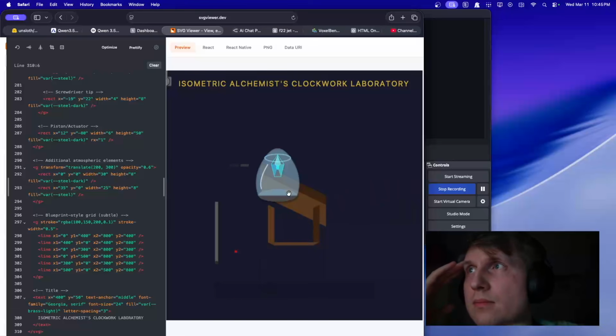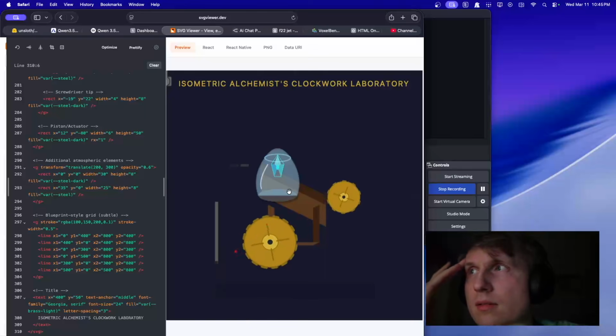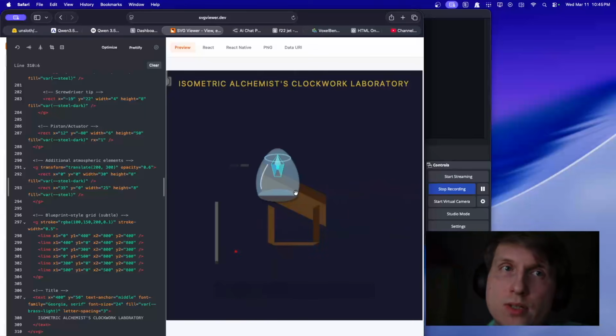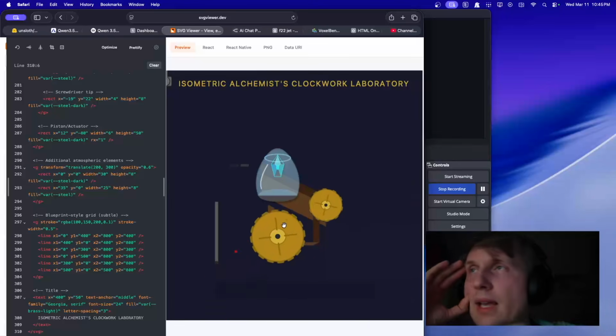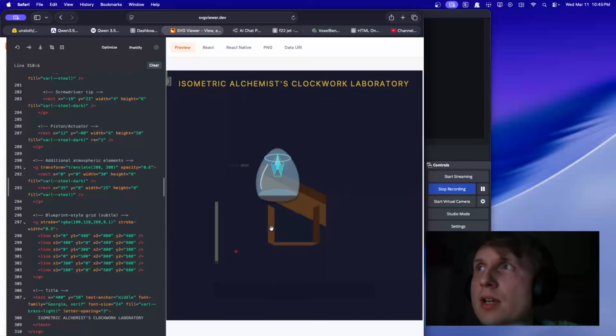But it's definitely like this output is worse than Qwen 3.5 397B. And what's supposed to happen is we're supposed to get a table, we're supposed to get two interlocking gears, and they're supposed to spin.